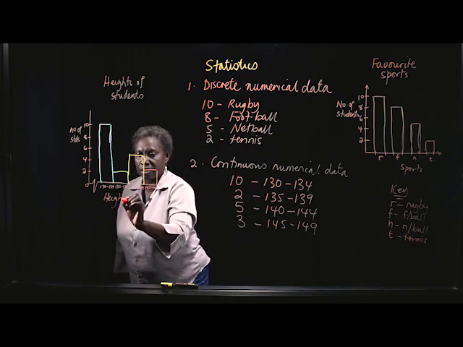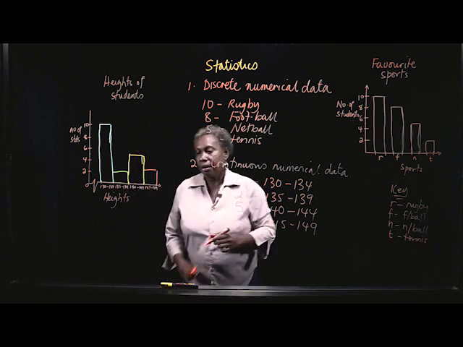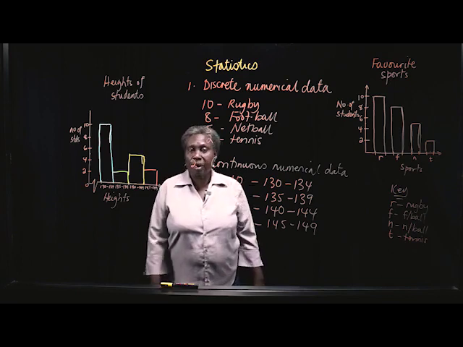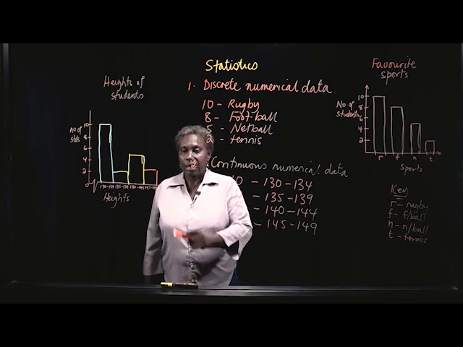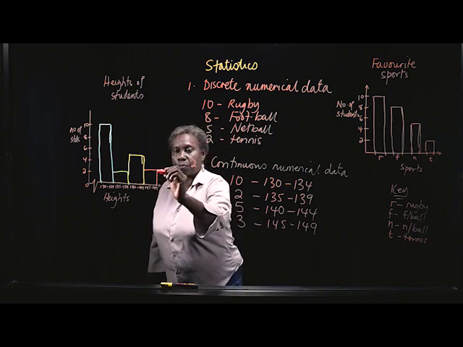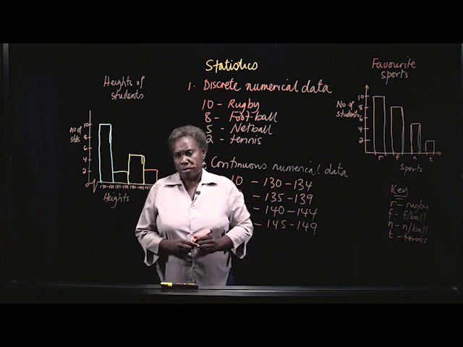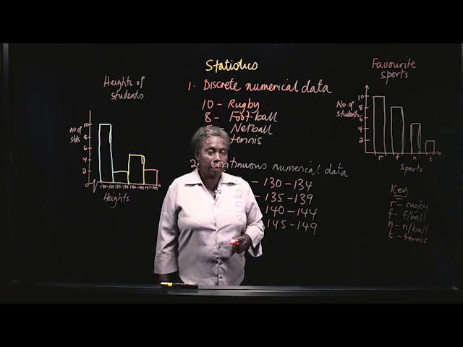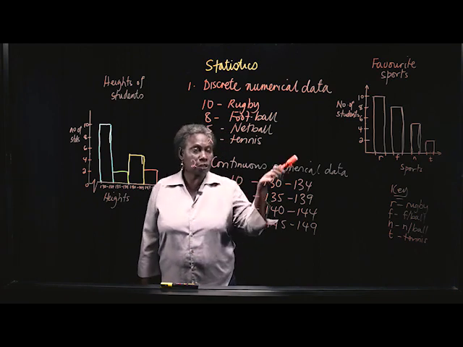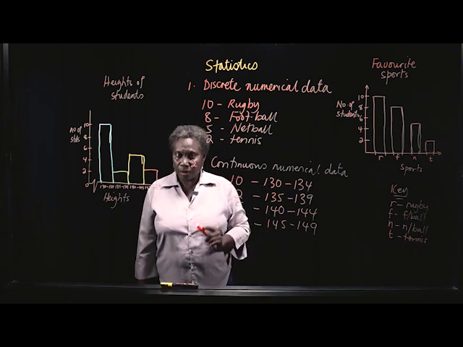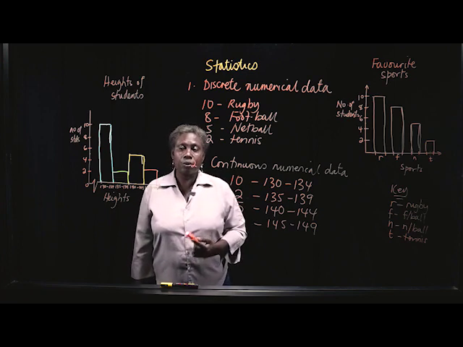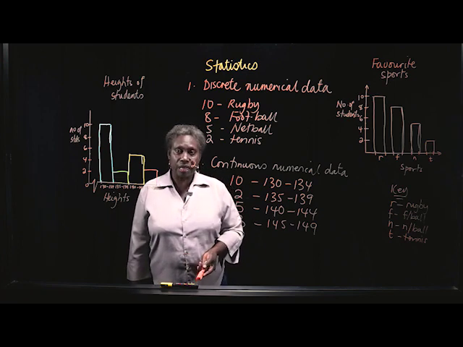We must always label the axis. Now, this is a graph which displays the continuous numerical data. The reason I am introducing you to graphs is because they are going to be very useful when we come to measures of central tendency.